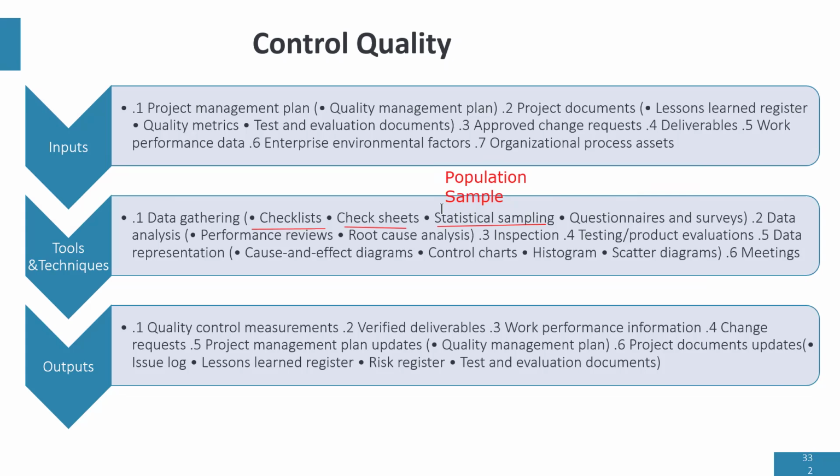So if you are doing destructive testing, you can't do population testing because it means you're going to destroy everything you've created. So sample testing is going to be done when we're doing destructive testing or when testing is too costly and we don't want the product to be too costly.